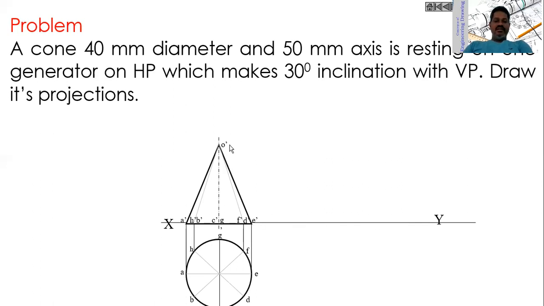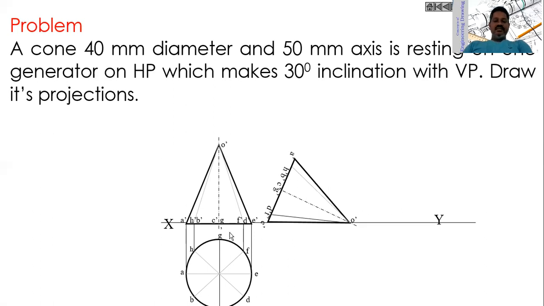Now take the compass and locate a point at a convenient location. I am twisting this cone rightwards like this, so that we will get the E point here. Locate a point and name it E dash, as usual. Then take the compass with E dash O dash as radius and E dash as center, and locate O dash.